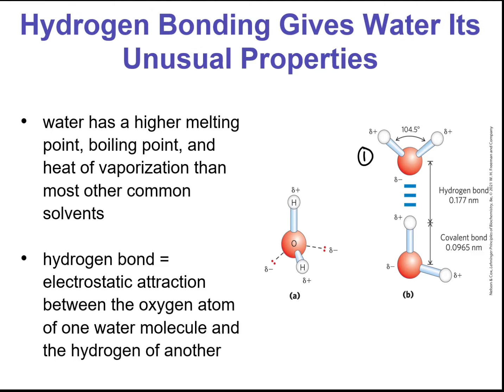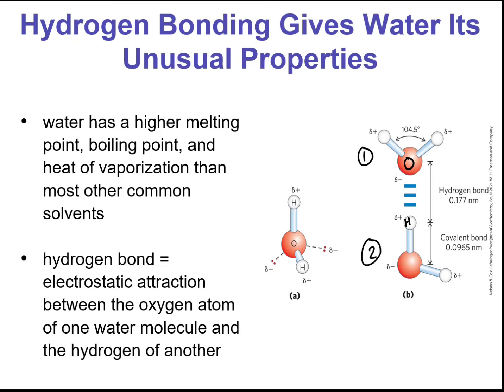We've got molecule 1 and molecule 2. The oxygen from molecule 1 is attracted to the hydrogen in molecule 2. That is a hydrogen bond. It's the electrostatic attraction between oxygen in one water molecule and the hydrogen of another.